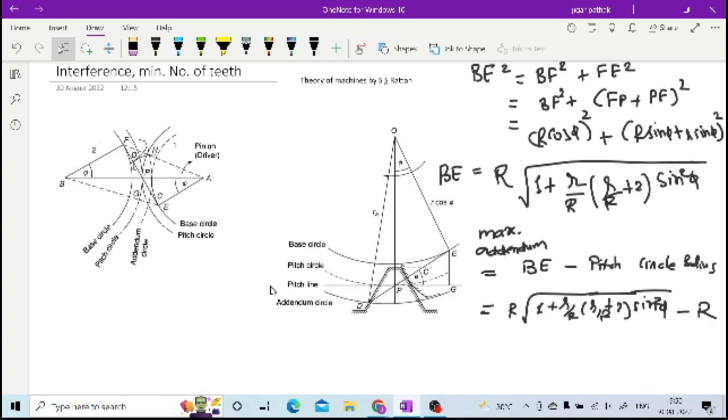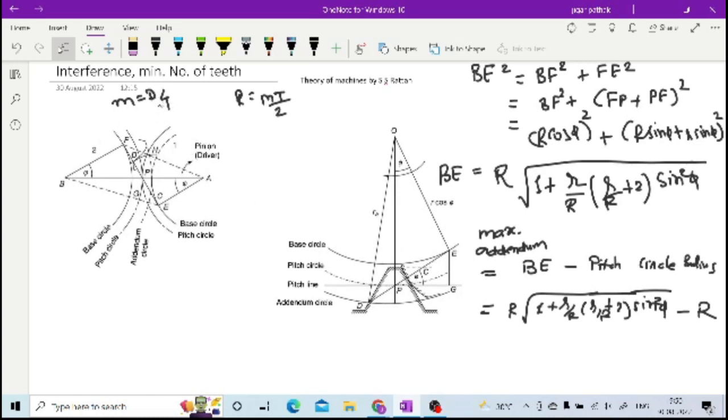Now if you put this capital R equal to mT by 2, right? Where has this come from? R equal to mT by 2 has come from m equal to d by T, right?